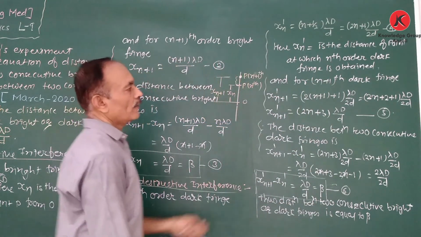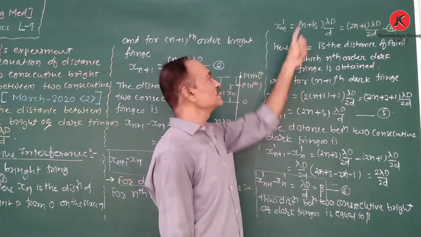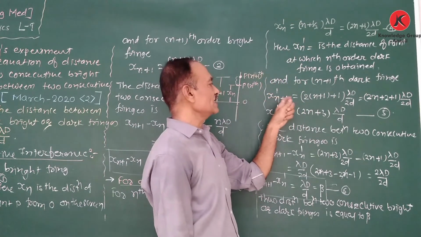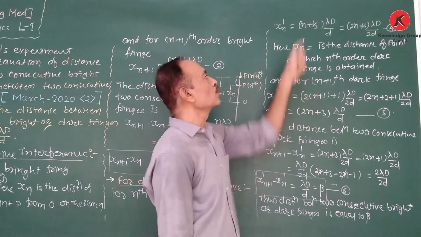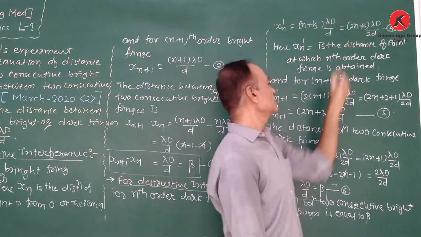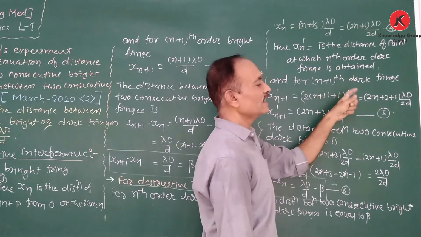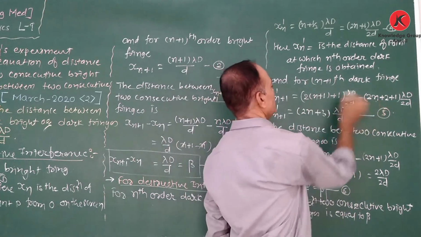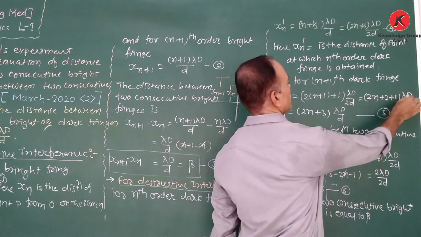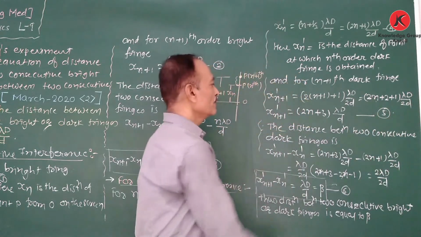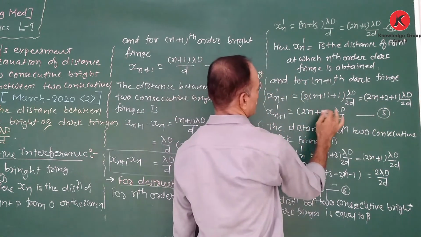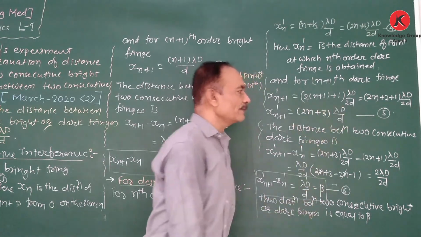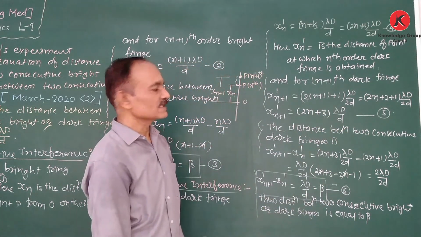For the n plus 1 dark fringe, we replace n by n plus 1, therefore xn plus 1 dash is equal to 2 into n plus 1 plus 1 lambda D upon 2d. We open the bracket, so 2n plus 2 plus 1, therefore 2n plus 3 into lambda D upon 2d, equation 5.